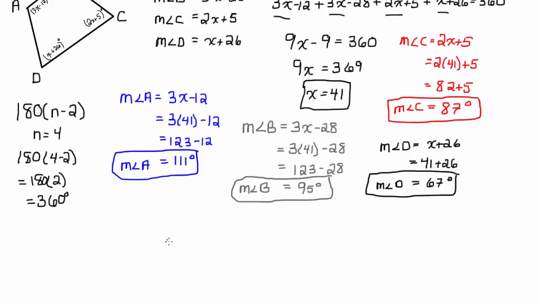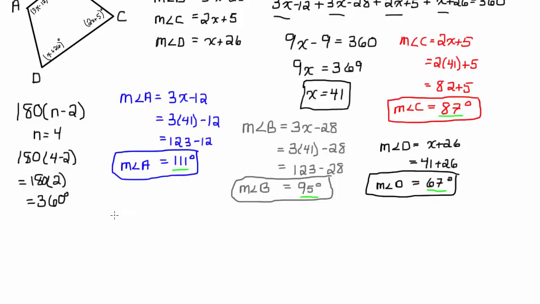Let me use green here. We know angle A is 111, angle B is 95, angle C is 87, and angle D is 67. Theoretically, they should all add to 360. If they don't, then we messed up somewhere.